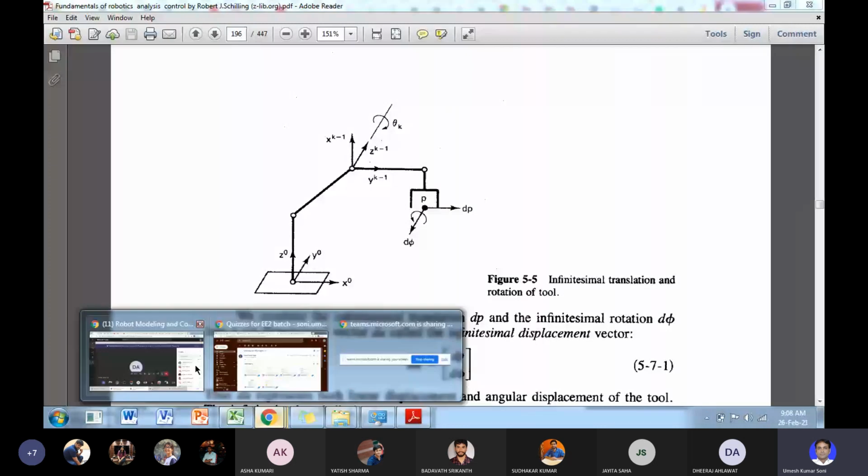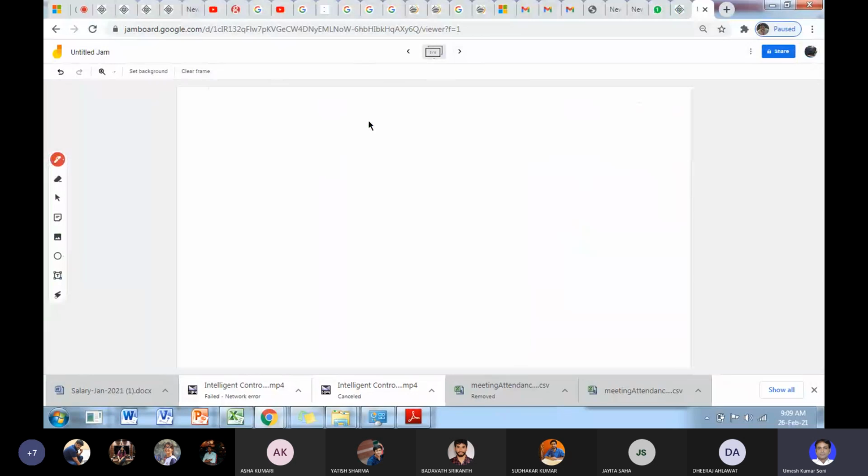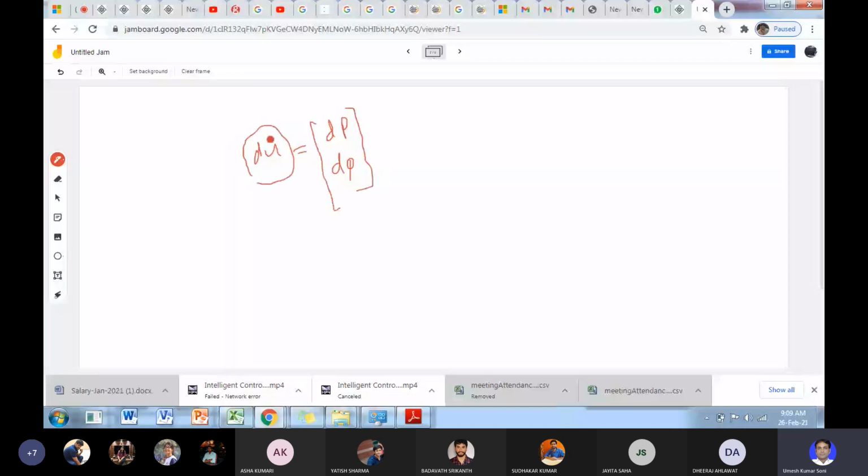So what you see here, du equals dp and d phi. These are two changes which are the components of the total change in all the variables.